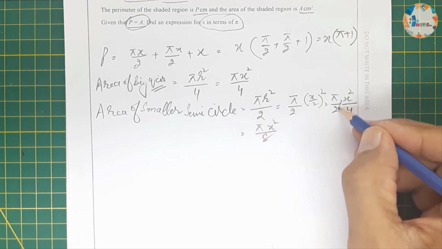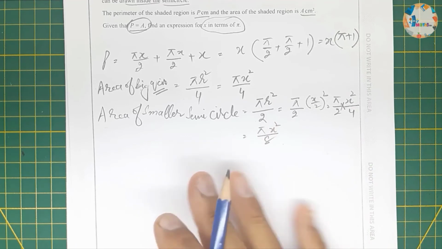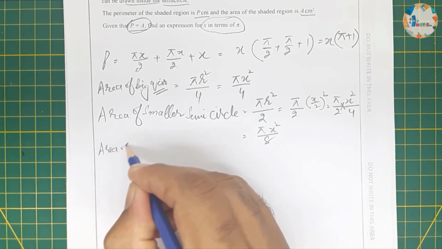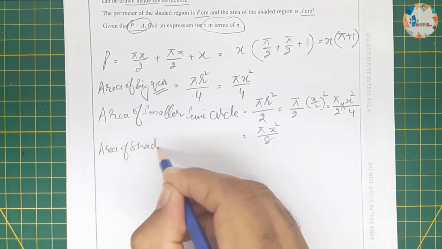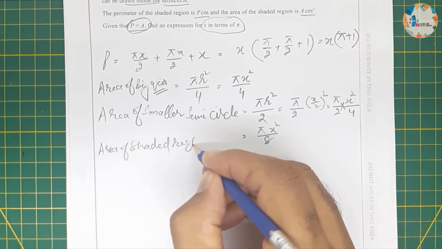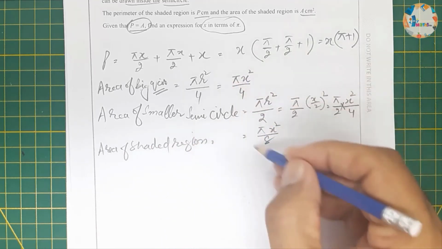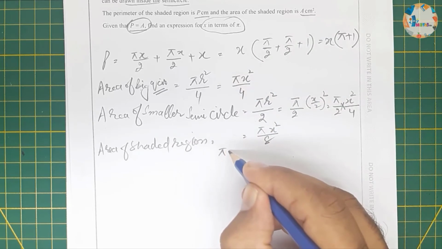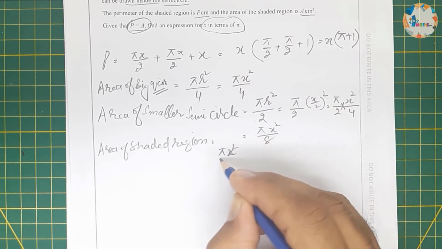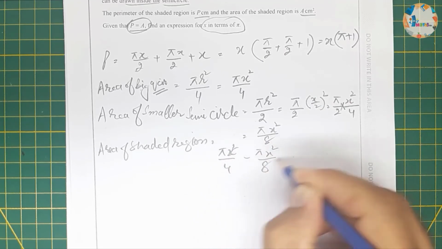Now area of the shaded region will be equal to this area minus this one. So pi x square by 4 minus pi x square by 8.